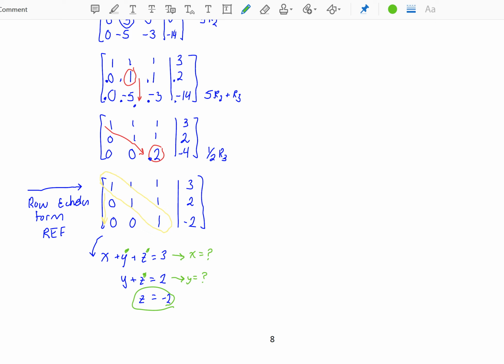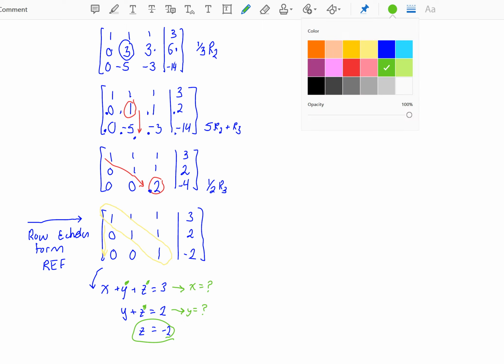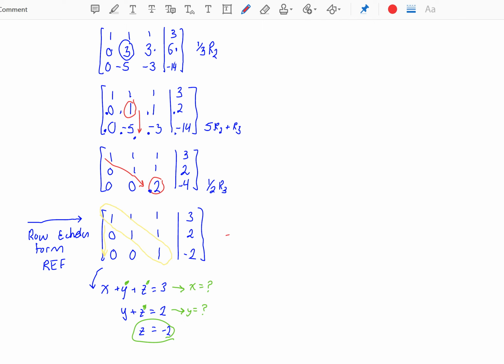So REF form does have its uses. However, I want to do the complete row reduction technique, the Gauss-Jordan technique. So I'm going to continue now and still write this matrix in RREF form.